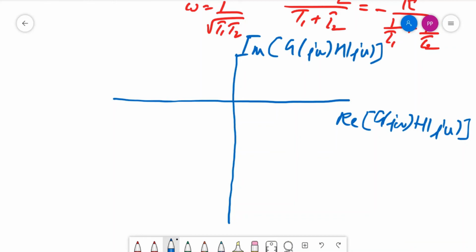Once we plot, again we start, like in the previous case, at omega equal to 0, where the magnitude is infinity and the angle is minus 90 degrees.